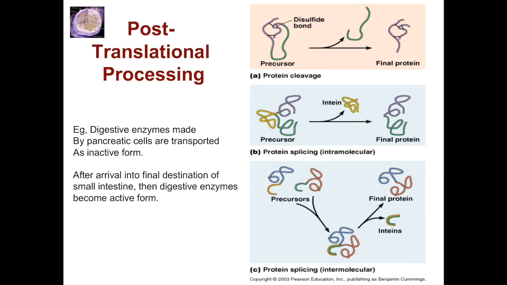Panel C here shows you that sometimes you make the proteins in pieces, and then you send both of the pieces to the final destination, and then they get cut and joined to become the final protein. All right, so that's the end of our translation.